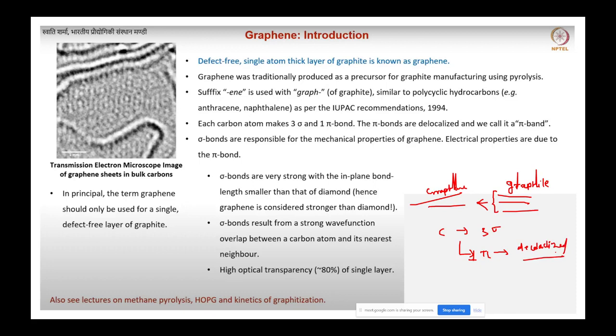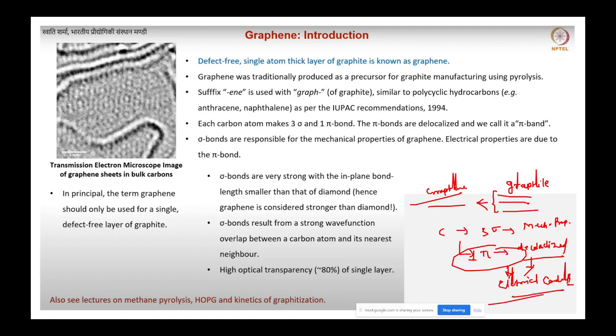Sigma bonds are responsible for the mechanical property of graphene, because there are 3 sigma bonds. But the very interesting thing is that graphene is a conductive material. And why? Because of this pi bond. So it is also an electrically conductive material.